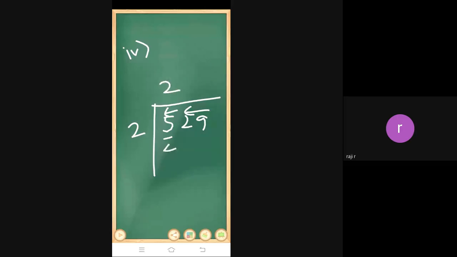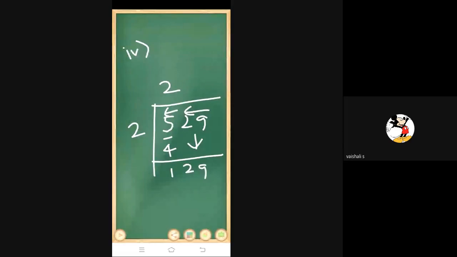Now 529. See, 529 is a 3-digit number. So these two make a pair and this single number will make a pair by itself. We have to consider this single digit now. 5 is not a square number. So lesser than 5, which is a square number? 2 2s are 4. 5 minus 4 is nothing but 1. Bring this 29 down.